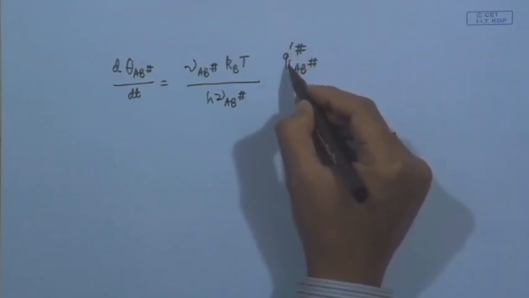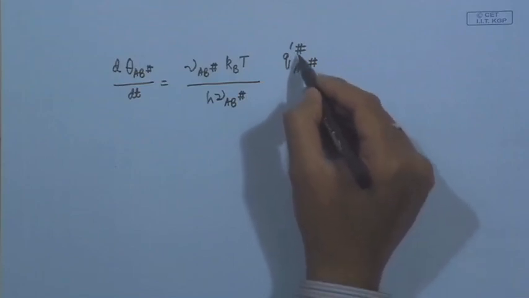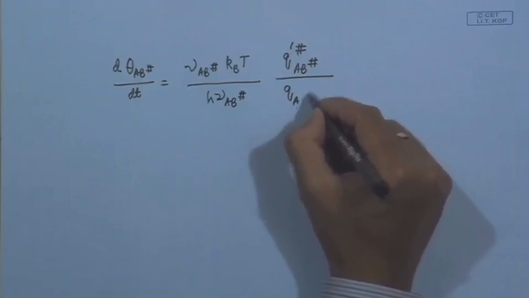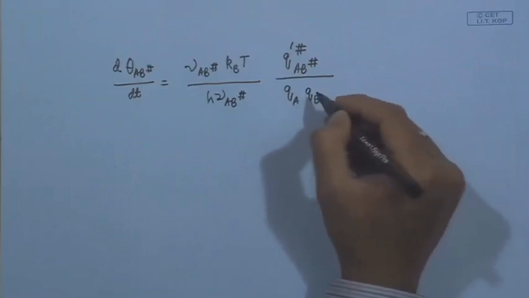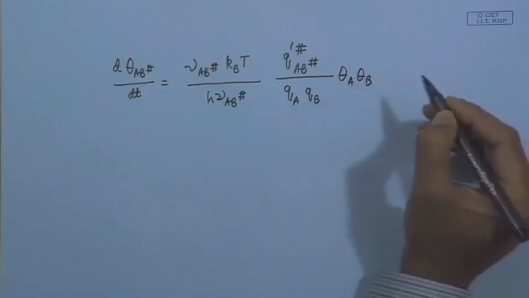That means one mode is taken off, so one mode less, that is why it is primed, divided by QA QB, times theta A theta B.